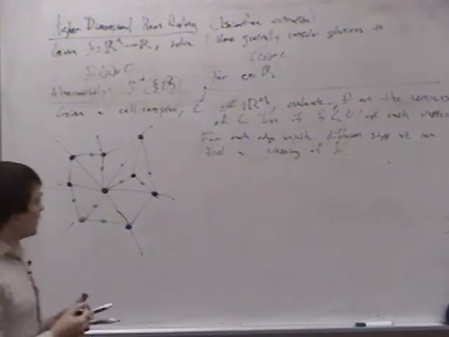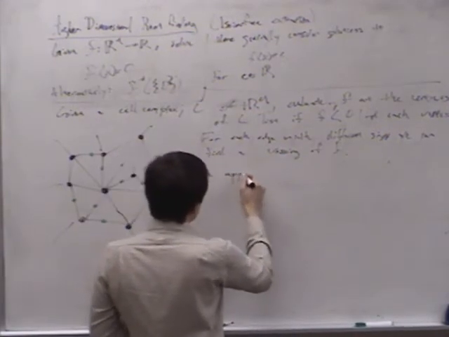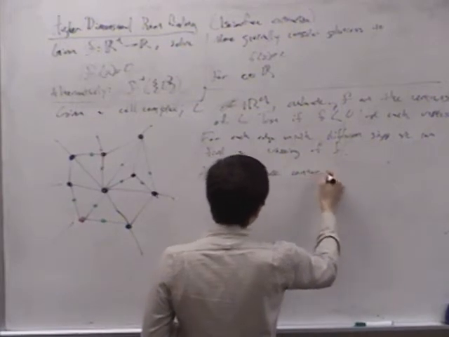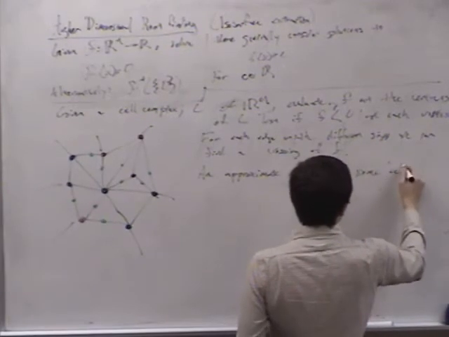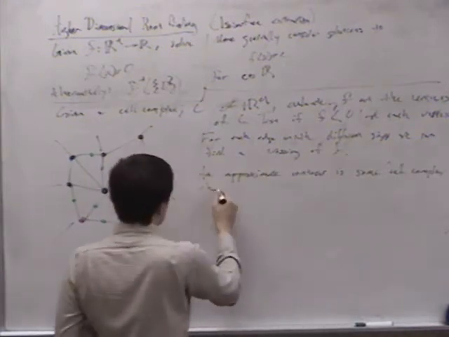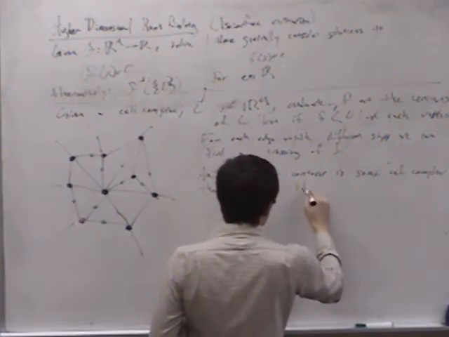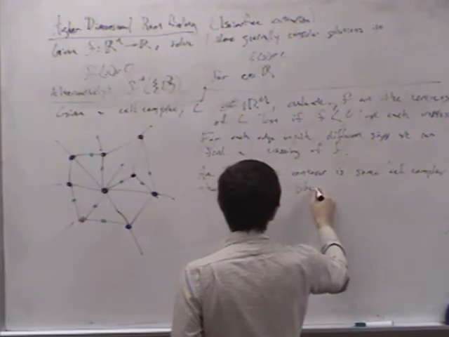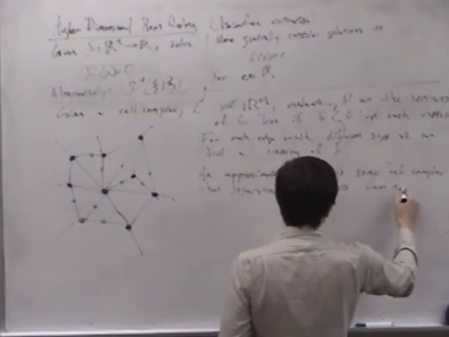So we'll say that an approximate contour is some cell complex that separates blue from red vertices.